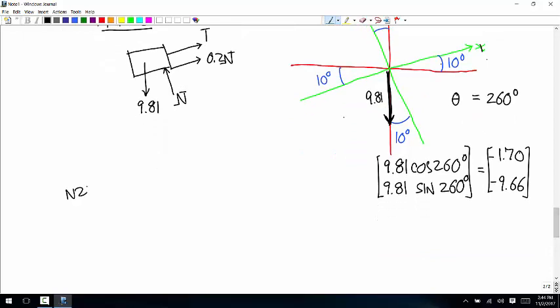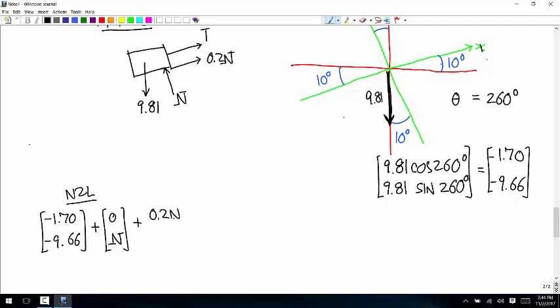So now Newton's second law says negative 1.70, negative 9.66, plus 0, n, plus 0.2n, 0, plus T, 0 is equal to the mass, 1 kilogram, times the acceleration, and this thing is going to move parallel to the x-axis, so we'll just call that a, 0.